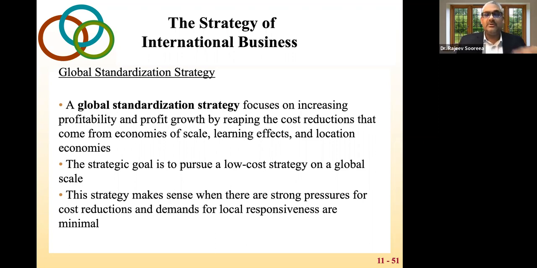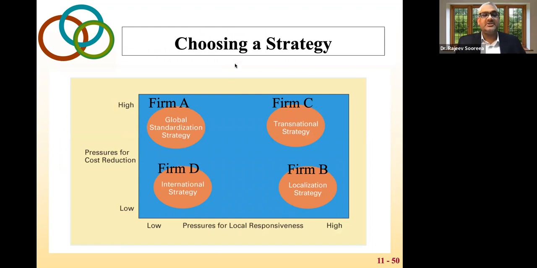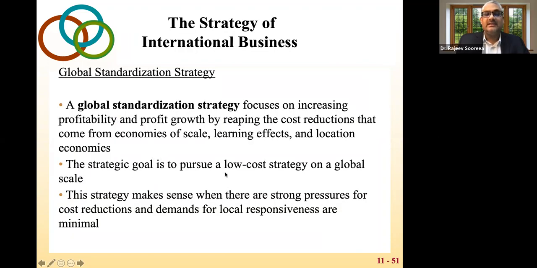You want a low-cost strategy because you're facing high pressures for cost reduction, that is, you're high up here. Therefore, your strategy will be to cut back on your costs. That's your main focus. The focus is not on changing your product to adapt to local market needs. So your pressure is really on cost reduction, and you're going to be pursuing a low-cost strategy on a global scale.